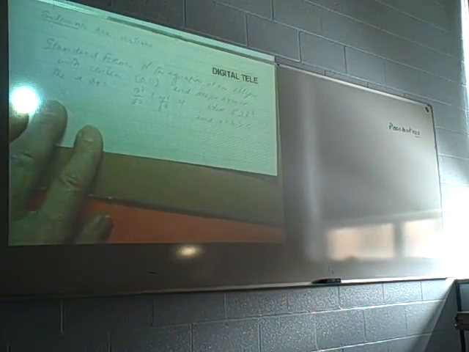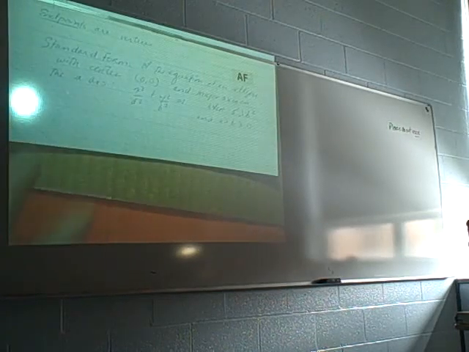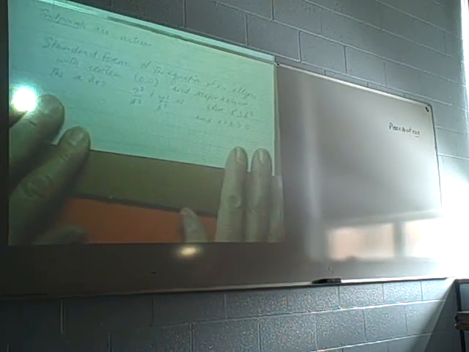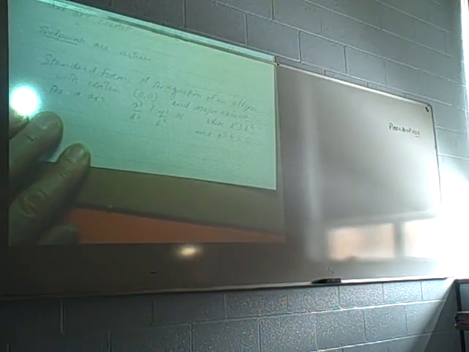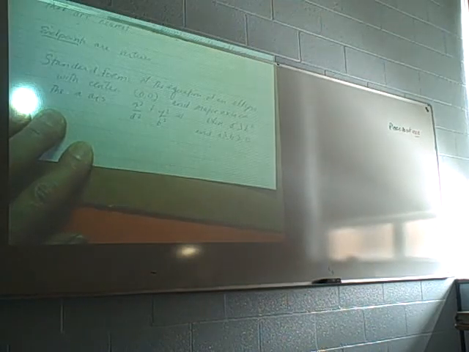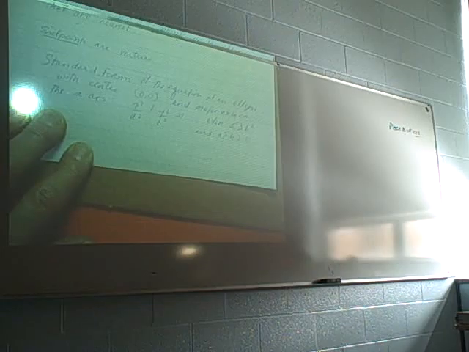The standard form of an equation of an ellipse with a center at 0, 0, and a major axis on the x-axis.